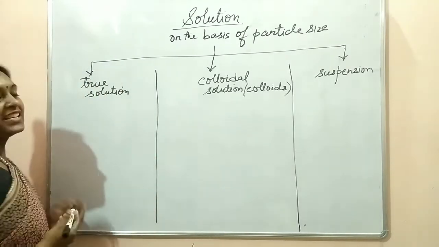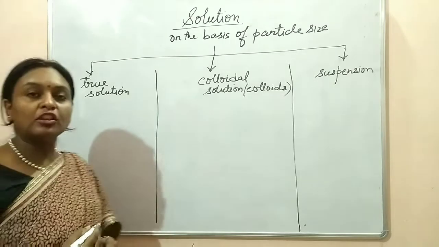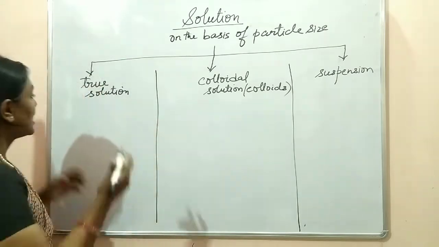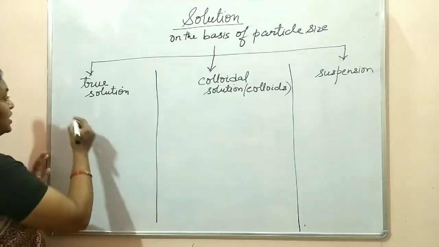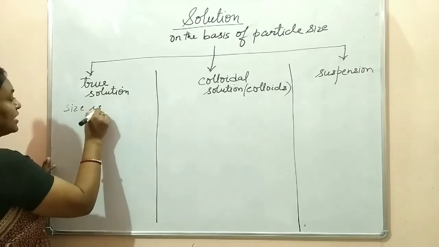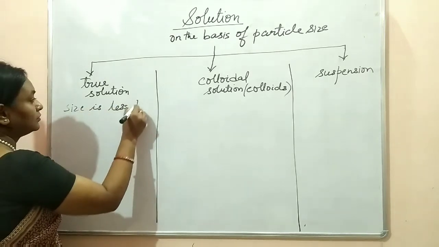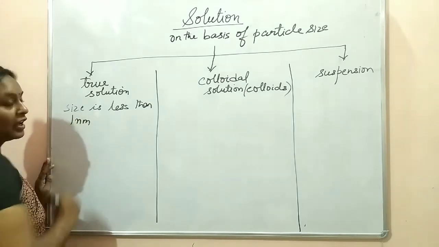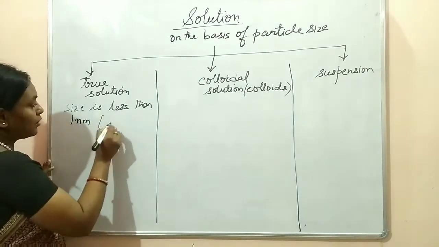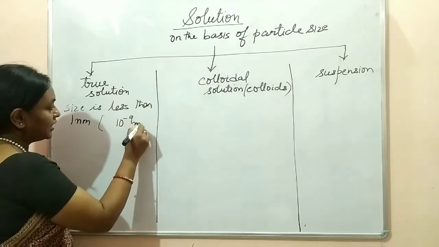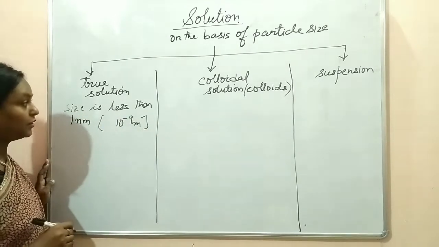On the basis of particle size, those solutions in which the particle of solute is less than 1 nanometer in size are true solutions. Now what is a nanometer? 10 to the power minus 9 meter is known as a nanometer.